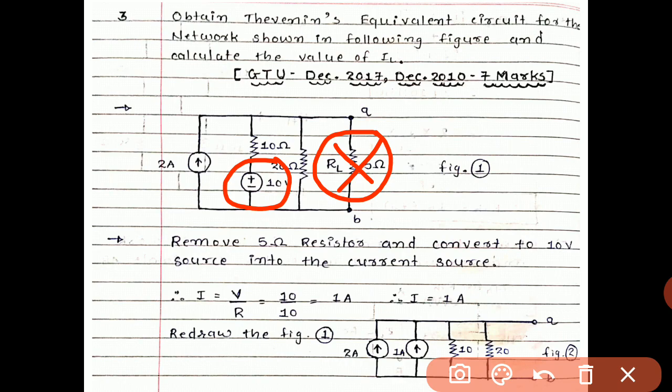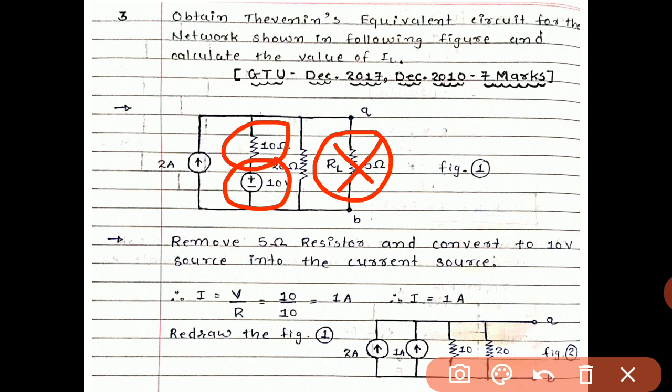We know that whenever a voltage source is converted into a current source, the resistance connected in series with the voltage source comes in parallel with that converted current source.